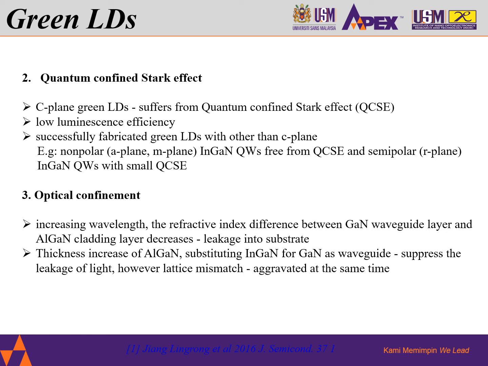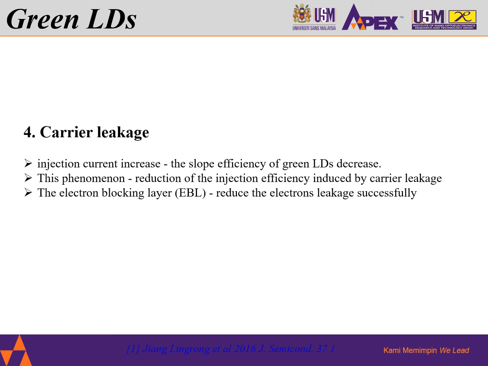Increasing the thickness of the AlGaN cladding and substituting InGaN for gallium nitride as the waveguide can suppress the leakage of light. However, the lattice mismatch will be aggravated at the same time. And the fourth one is the carrier leakage. With increasing injection current, the slope efficiency of green LDs was found to decrease.